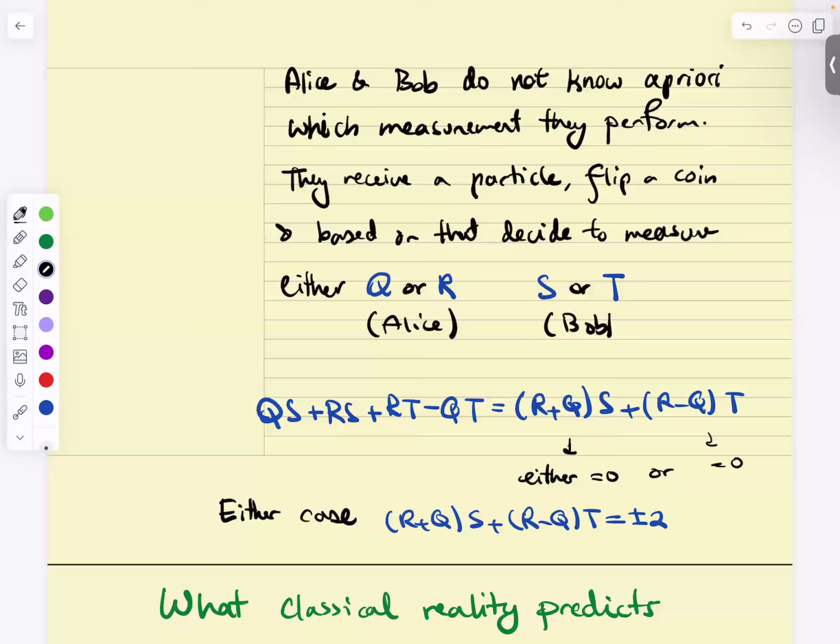If they are both plus 1 or both minus 1, this is 0. When they are opposite, this would not be 0, but then this would be 0. They're either the same or not the same. Either way, one of the terms vanishes.